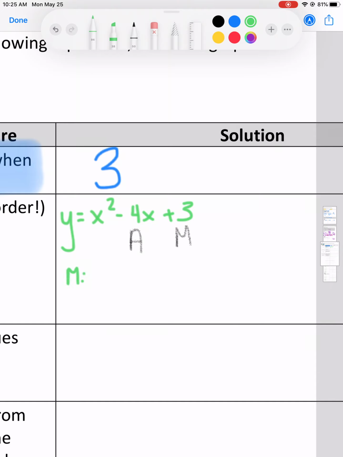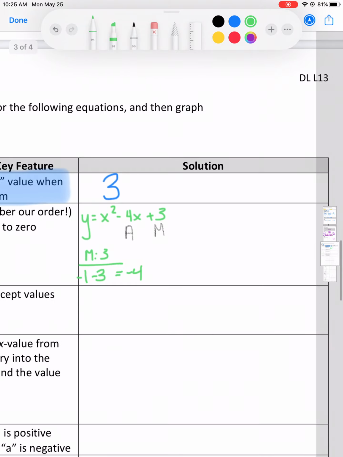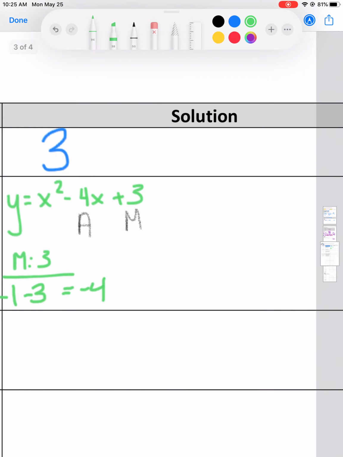So, things that multiply to 3, I've got 1 and 3. I know both my numbers are negative because I looked at my chart. That's negative 4. How easy was that? So we have x minus 1, x minus 3. I have to make these equal to 0.